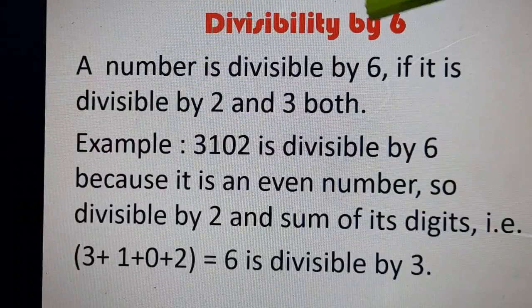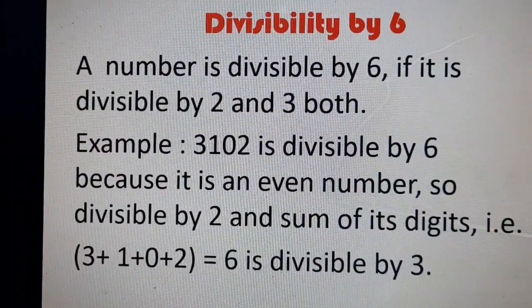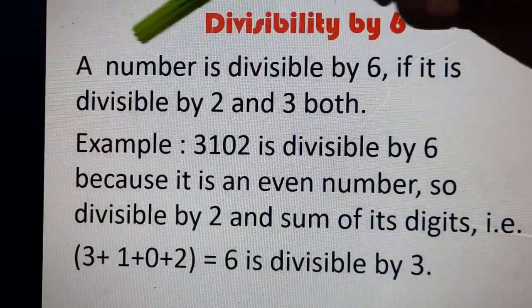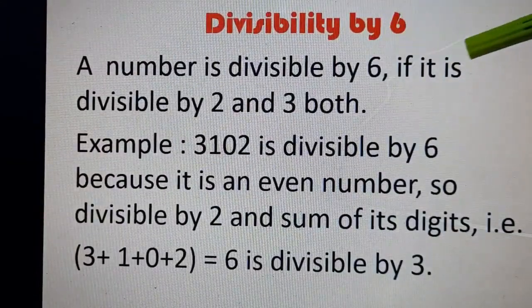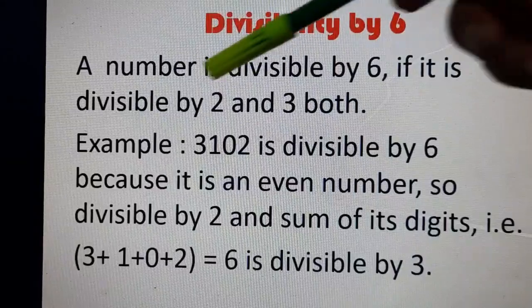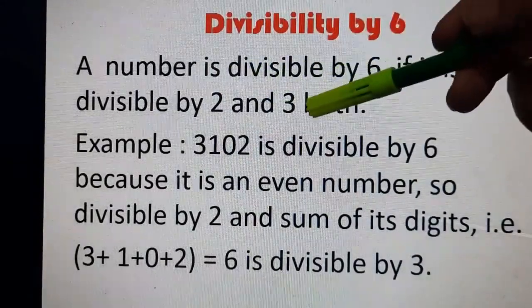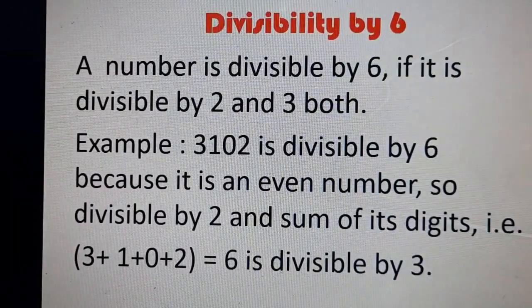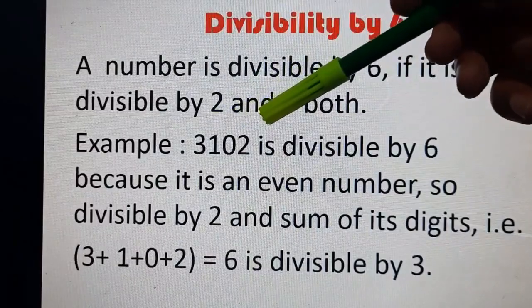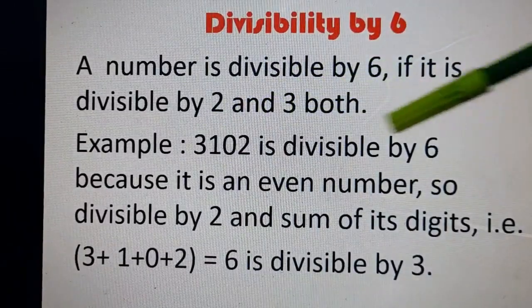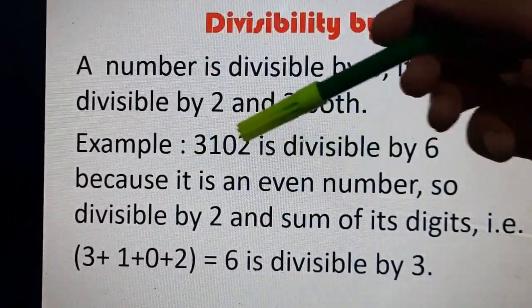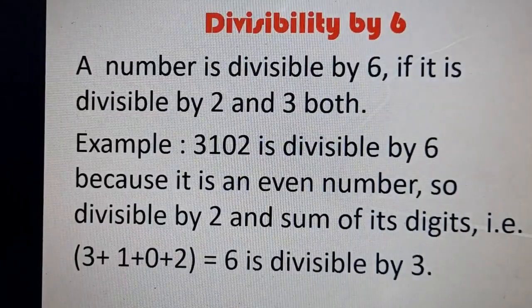Now the divisibility rule for 6. So what is this divisibility by 6? A number is divisible by 6 if it is divisible by 2 and 3 both, because 2 and 3 are co-primes of 6. Okay. For example, 3102 is divisible by 6 because it is an even number, so it is divisible by 2.